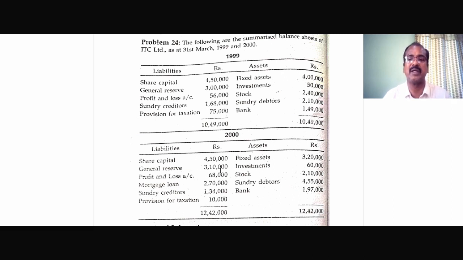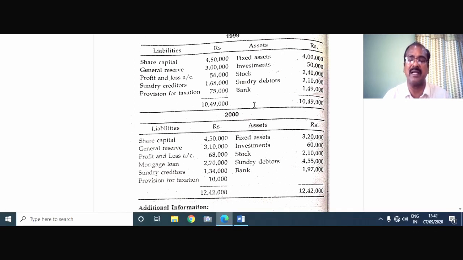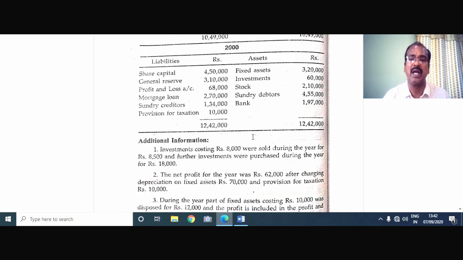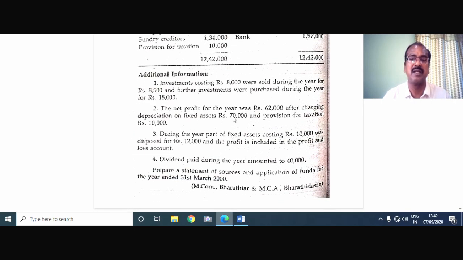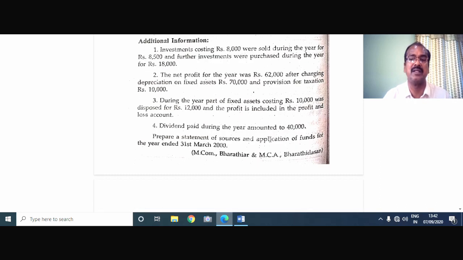So, the transfer to general reserve should be debited in the adjusted P&L account. Do you find any other item like goodwill, preliminary expenses in this problem? No. And look at the adjustments. First adjustment is already channelized through investment account. Second one is channelized through fixed assets account as well as provision for taxation account. Then the third one is related to sale of fixed assets.